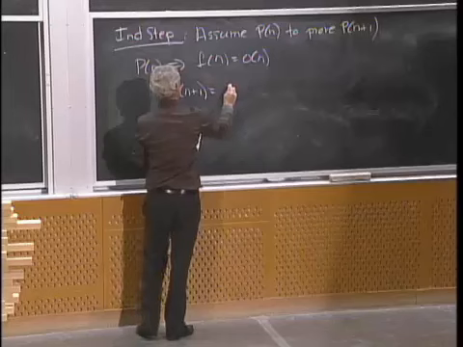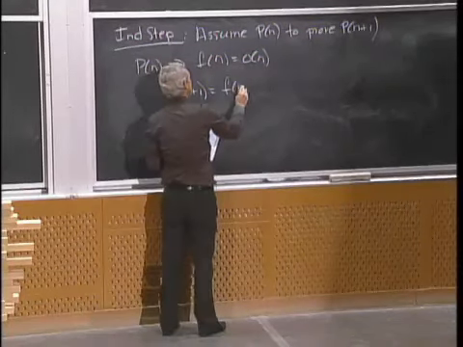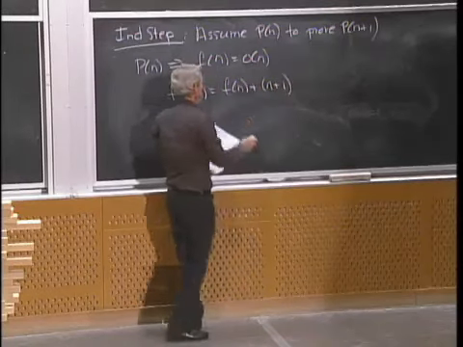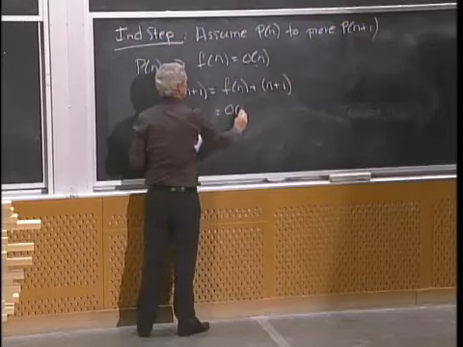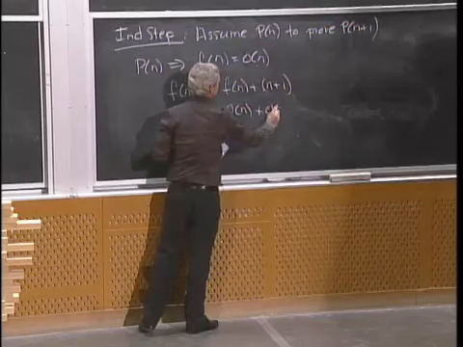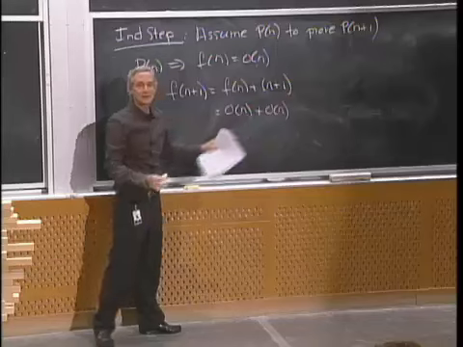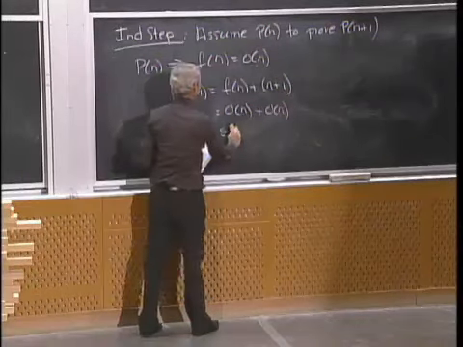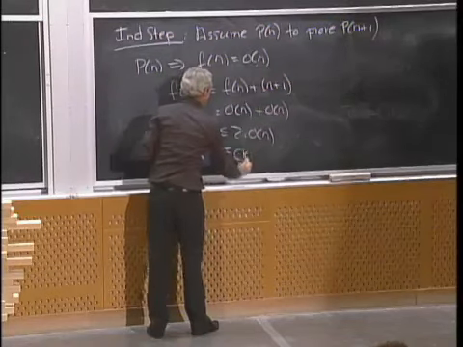That equals the sum of the first n plus 1 numbers, so that'll be f of n plus n plus 1. The induction hypothesis says this is O of n. Clearly, this is O of n. Well, I got O of n plus O of n. That's at most twice O of n. And constants don't matter, so that's O of n.